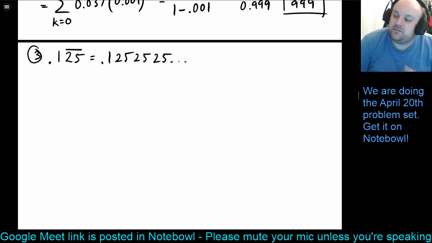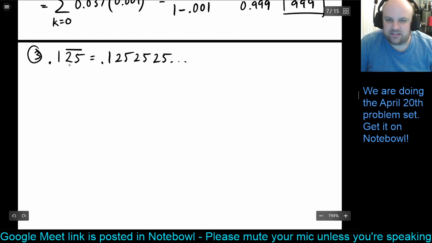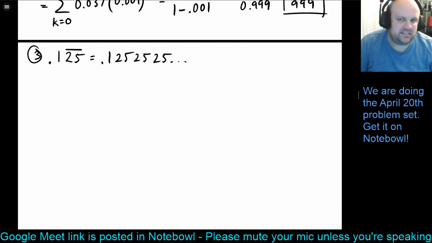What we would do if we had that 1 as written, you would write it as 1 plus the repeating decimal, figure out what that repeating decimal is, and then just add 1 to it. Right here, it's a little more interesting. We're going to do that same kind of idea, except now the decimal part gets a little more interesting.